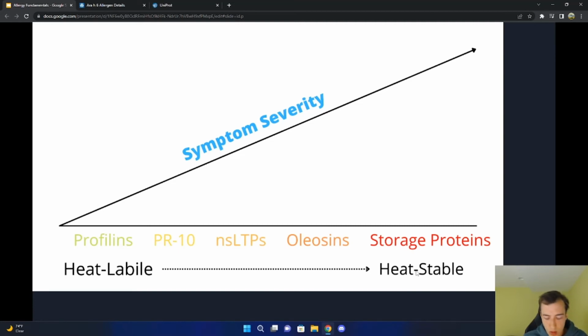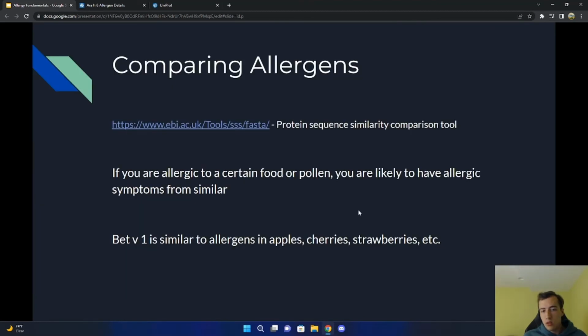And you can cook these. It's not going to destroy these proteins, and the symptoms are still going to occur. So that's something to look out for. And if you're allergic to a certain food or a pollen, you're likely to have allergic symptoms from similar proteins.